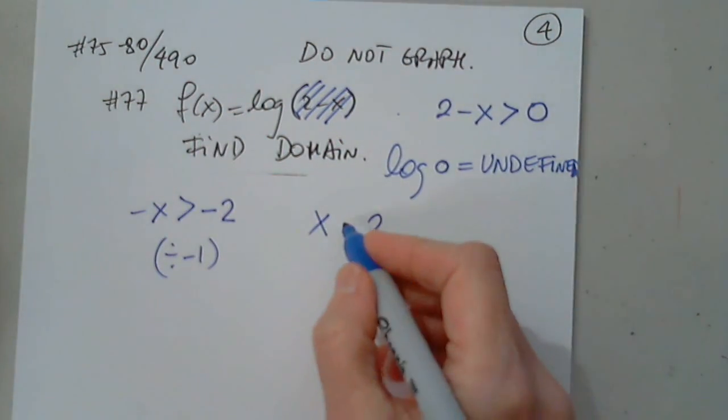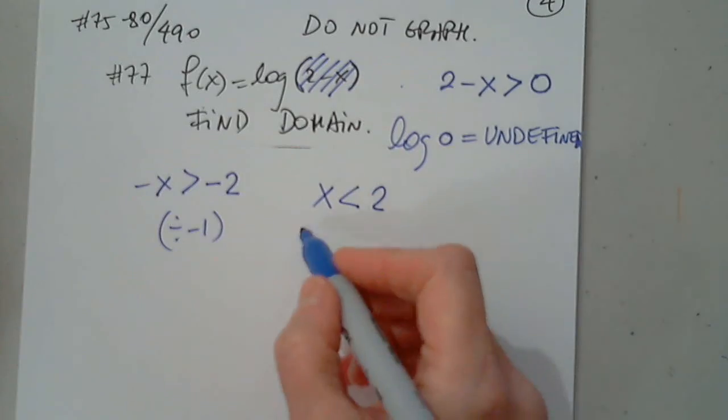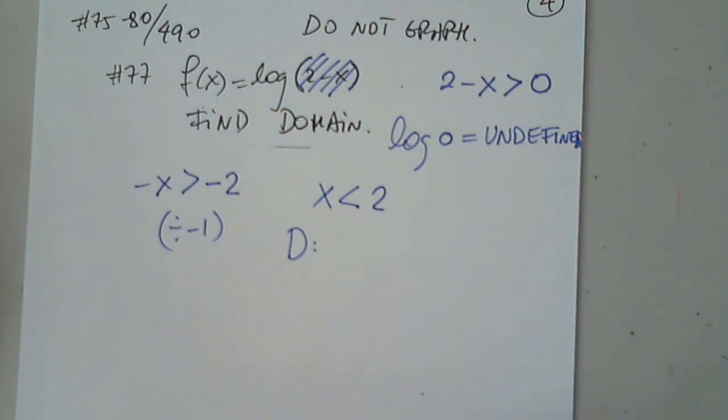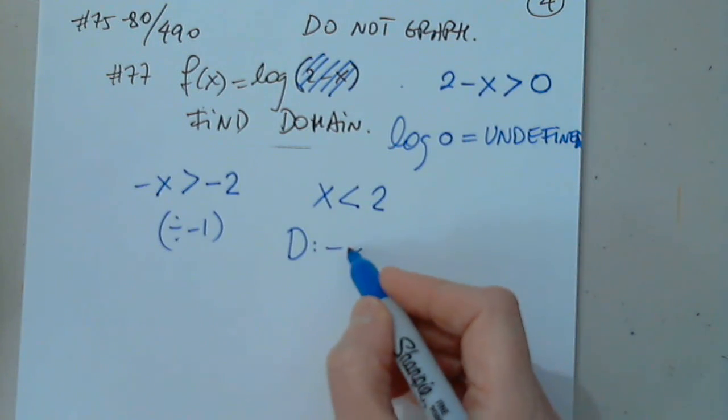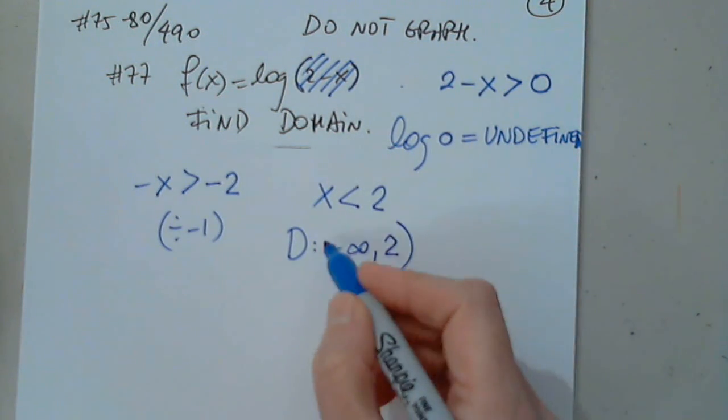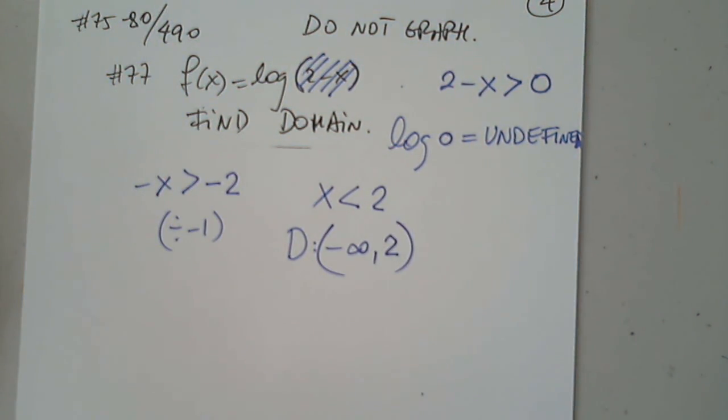It flips. Awesome. So can anyone tell us the domain of this function now? -infinity to 2. Brilliant. Thank you so much. Great. I think we need one more quickly so we can move on.